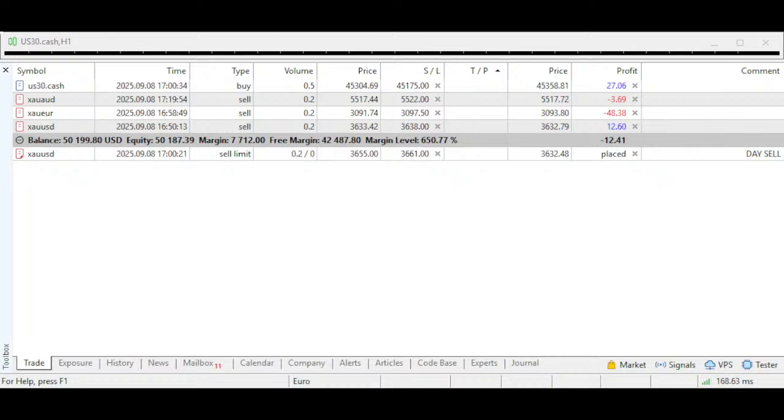So now 38 is the stop. I need to put 38 half. And the market is making a lower high.